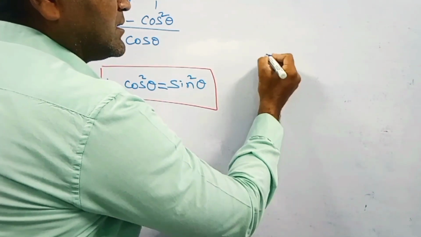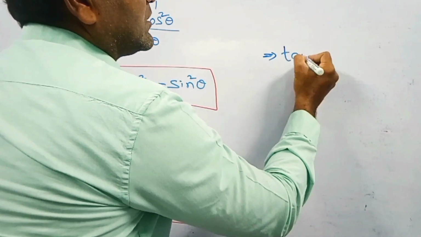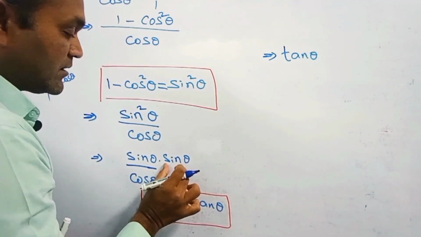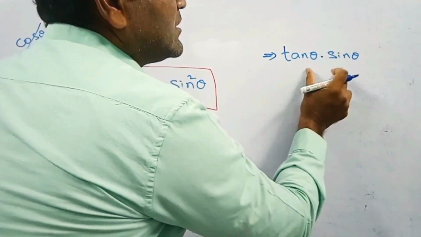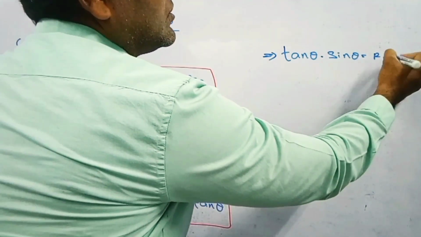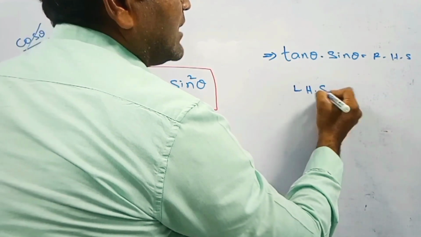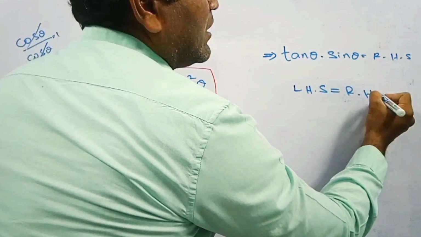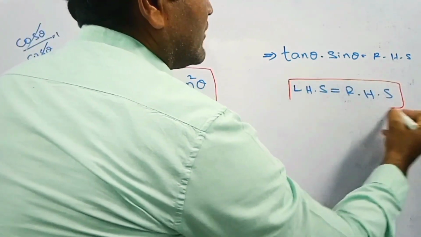So next step I will write this side, sine theta by cos theta equals tan theta. And what is in the next area? Sine theta, which is your RHS. So hence proved. If you want, you can write this way: LHS equals RHS. This is your final answer.